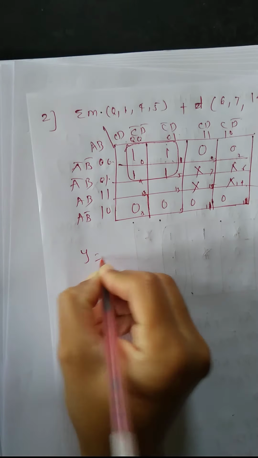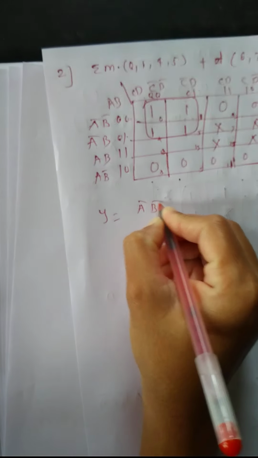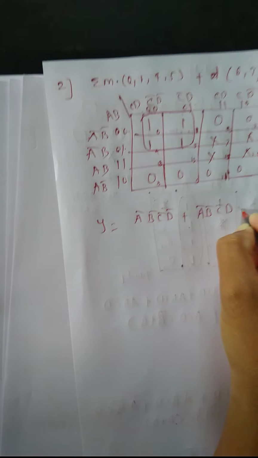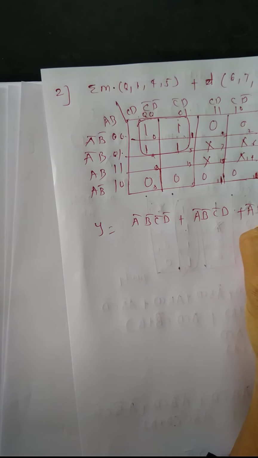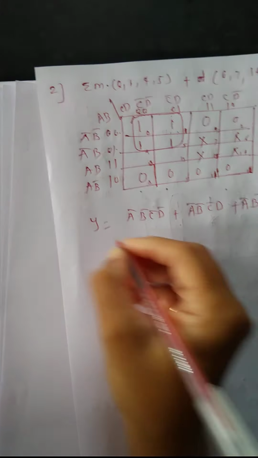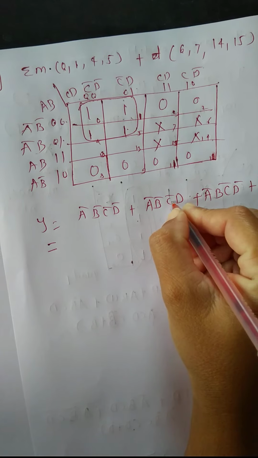So Y is equal to only the quad 1 answer, that is A bar B bar C bar D, A bar B bar C bar D bar, next A bar B C bar D bar, A bar B C bar D, this A bar B bar C bar.